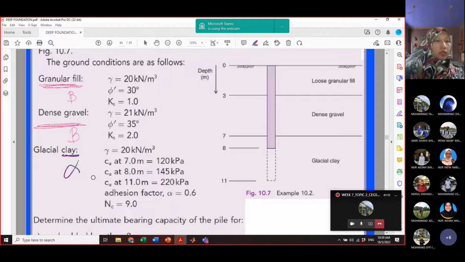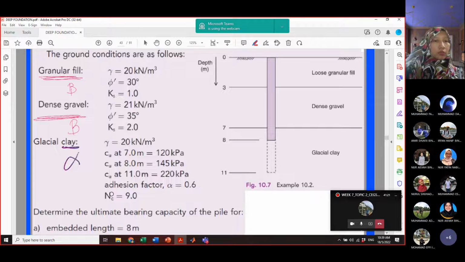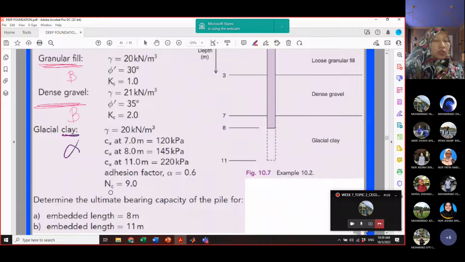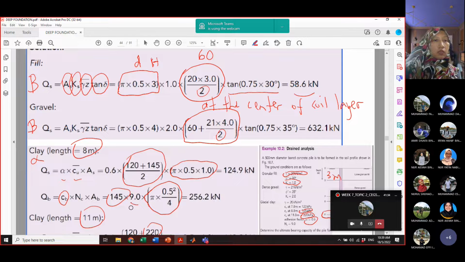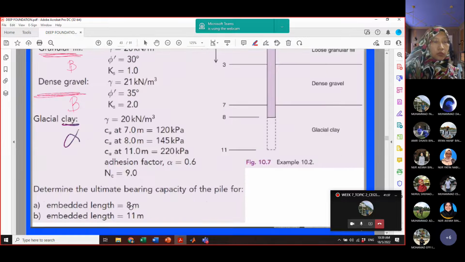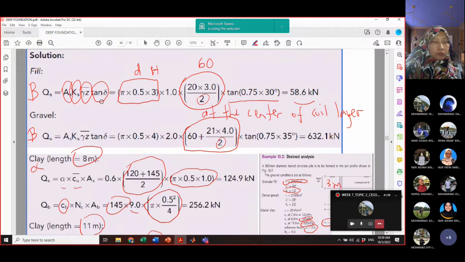So it's quite complex because it combines different soil properties for different layers of soil. How are you going to estimate this? For this question, you need to estimate the ultimate bearing capacity of the pile for different embedded lengths, for example 8 meters and also 11 meters. So this is how it is shown to you by the solution here.